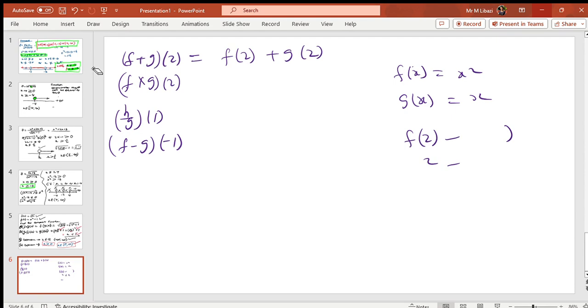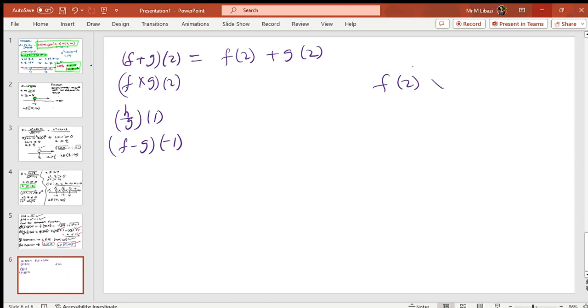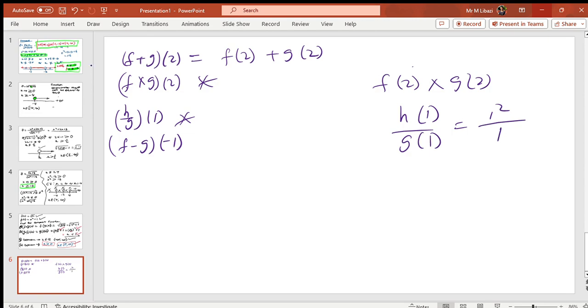Again, when you have a multiplication, you just substitute. You'll have f of 2 multiplied by g of 2 for the second one. For the third one, we'll have h of 1 divided by g of 1, so you have 1 squared if you substitute in x squared, and in x you have 1. For f minus g of negative 1, you have f of negative 1 minus g of negative 1.